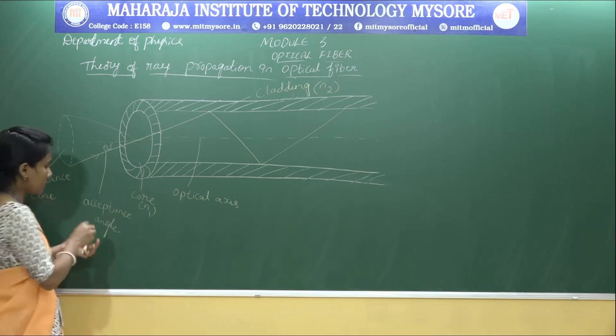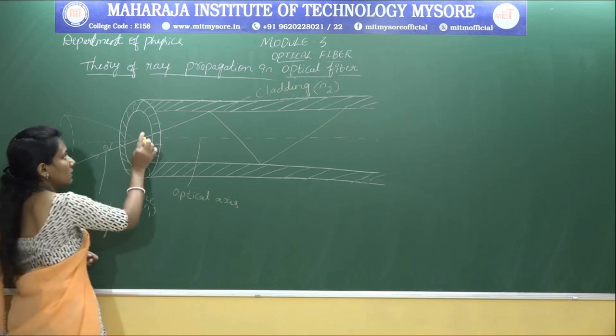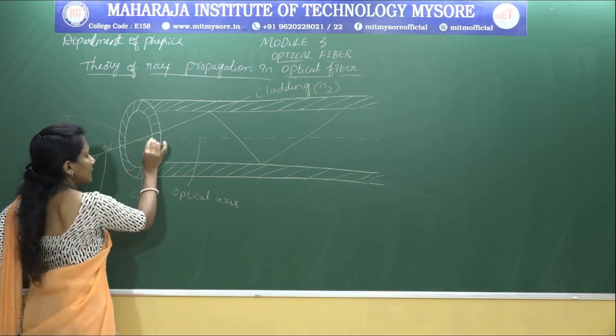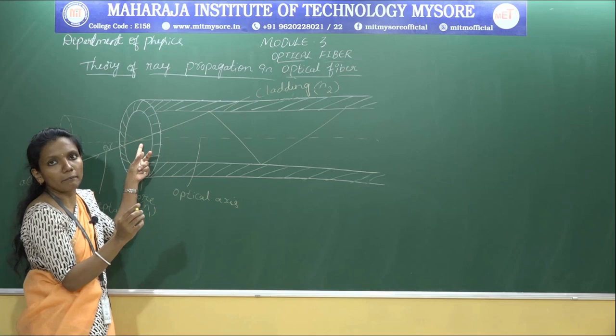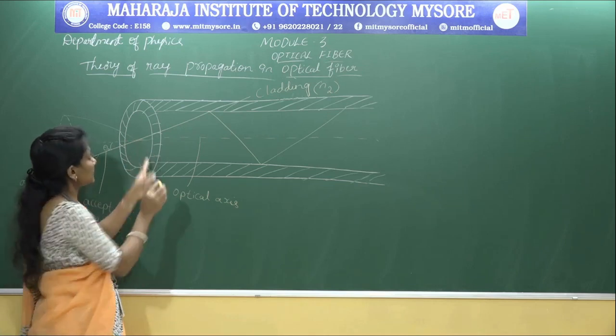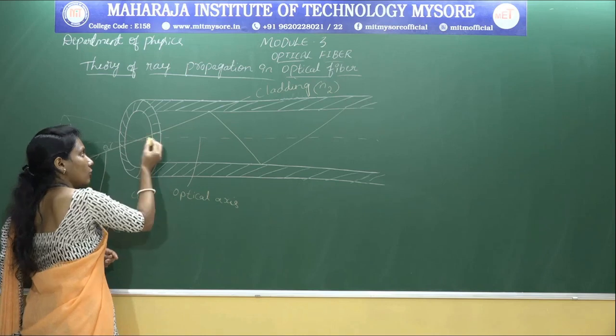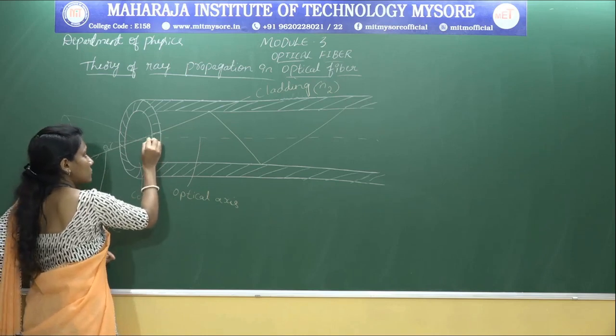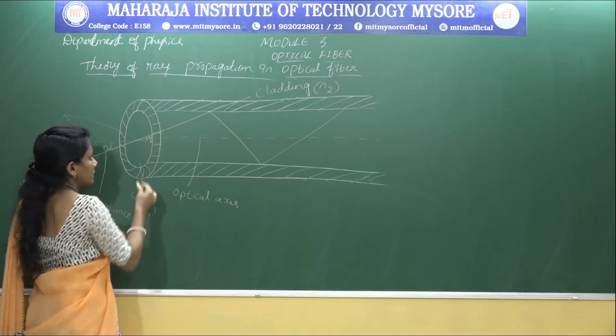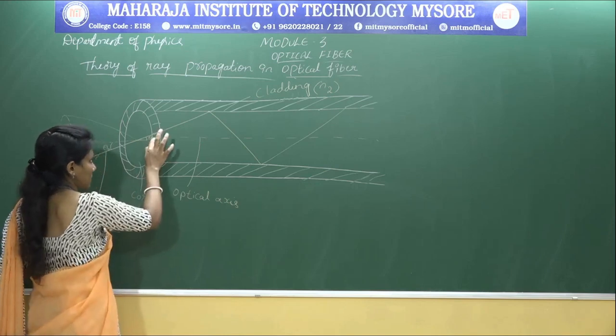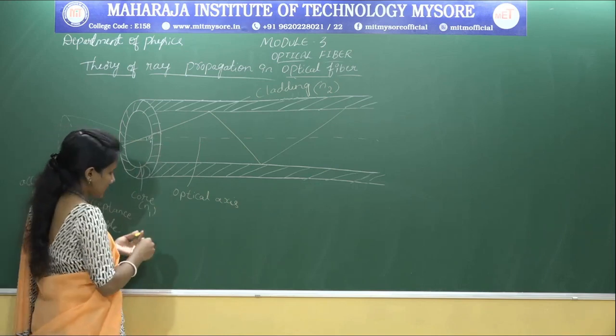Then inside, when the ray of light enters the optical fiber, the incident ray makes an angle with the optical axis, which is represented by theta 1.